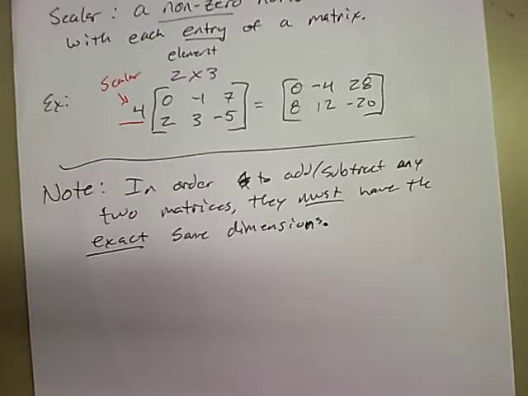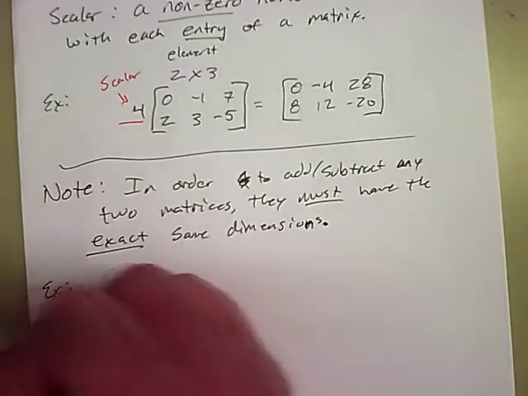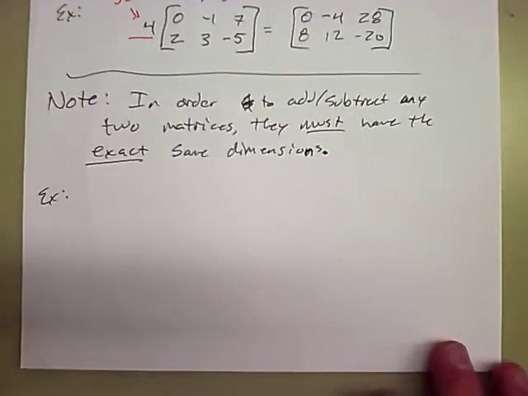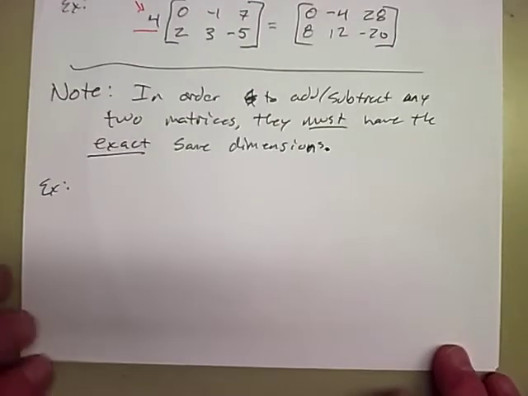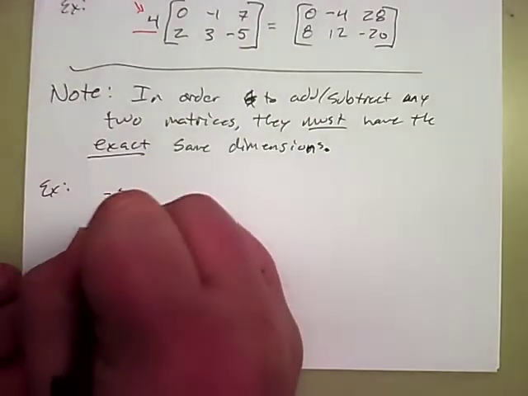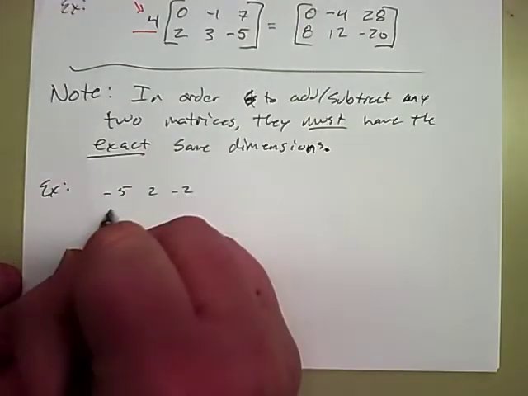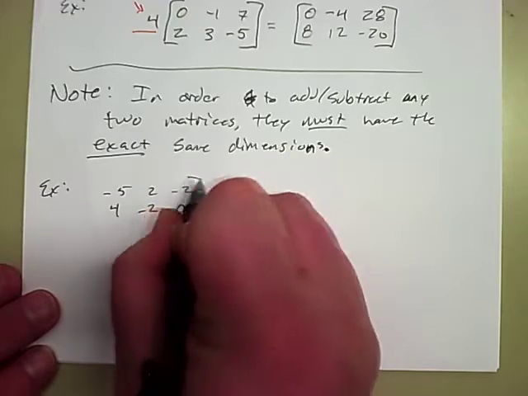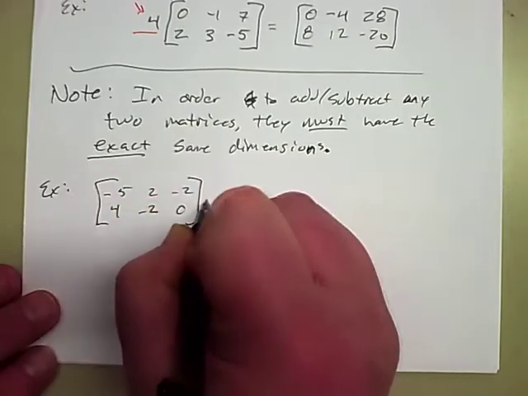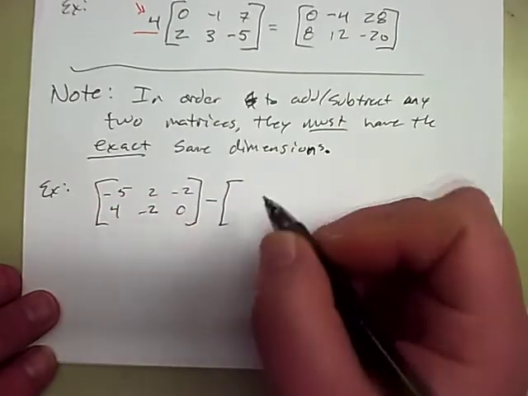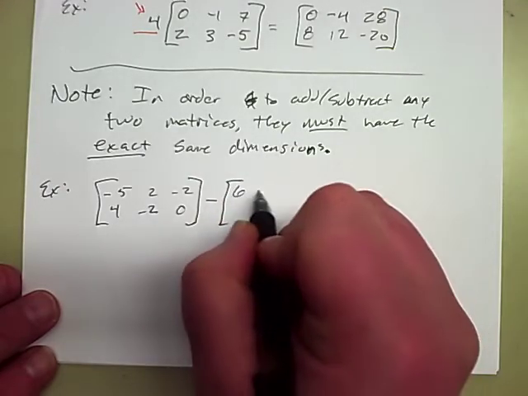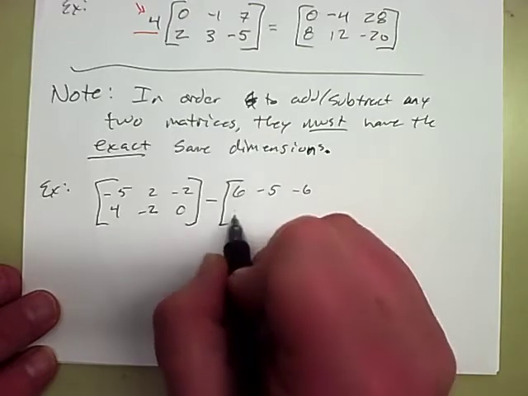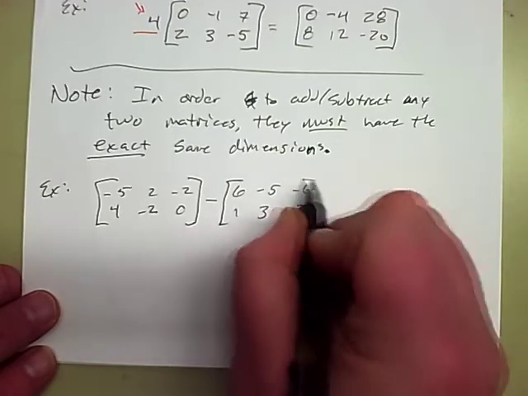Okay, so let's take a look at an example. I'm going to do an example of subtraction because I want you to see how that looks. We have the matrix -5, 2, -2, 4, -2, 0, and we're going to subtract the matrix 6, -5, -6, 1, 3, and -3.